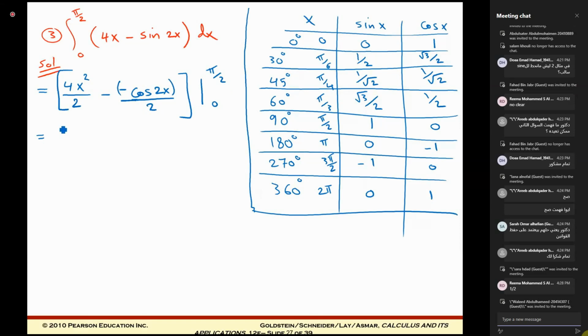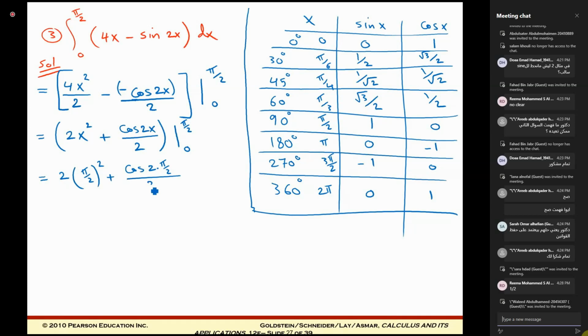So we have 4 over 2, which gives 2x squared, plus, because we have negative cosine 2x over 2, and we substitute 0 and pi over 2. Substitute pi over 2: we have 2 multiplied by pi over 2 squared, plus cosine of 2 multiplied by pi over 2, over 2.